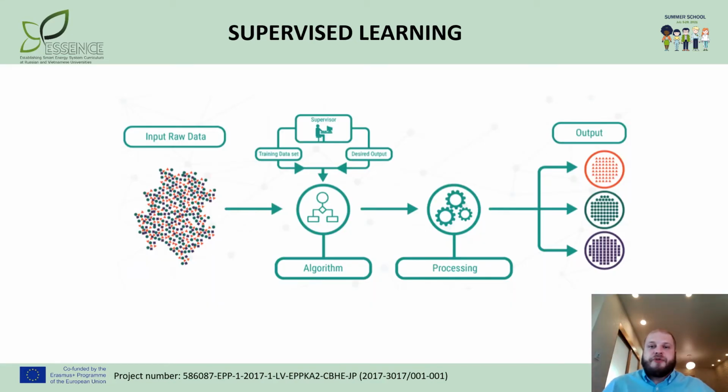Now let's turn to different basic concepts of machine learning. We are going to start with supervised learning as one of the most widely spread and most popular machine learning concepts. Supervised learning is defined by its use of labeled datasets to train algorithms to classify data or predict some outcomes accurately, like in case of photovoltaic energy prediction.